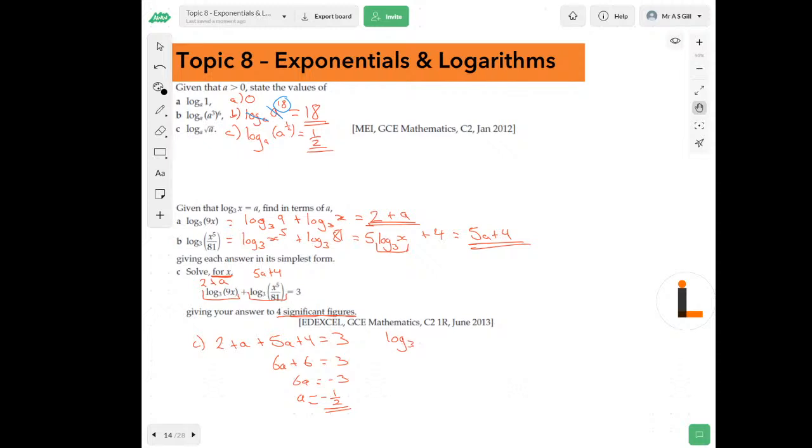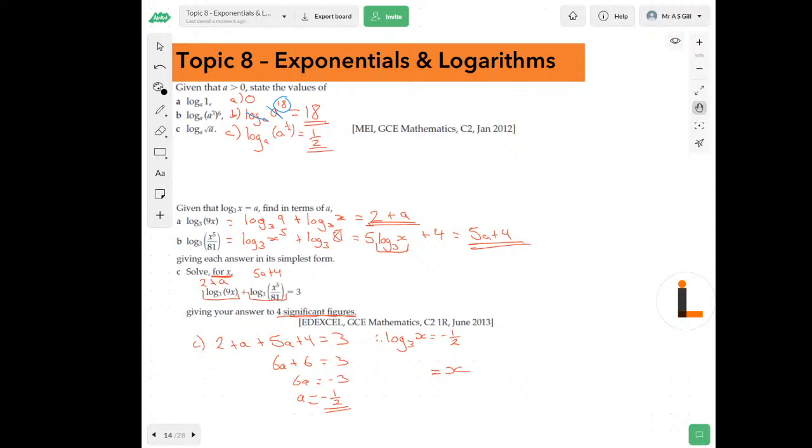So we get log base 3 of x. We can say therefore log base 3 of x is equal to negative 1/2. And now we use that relationship between logs and exponents that we looked at right at the very start. So think about what this would be. So we're going to get something is equal to x.